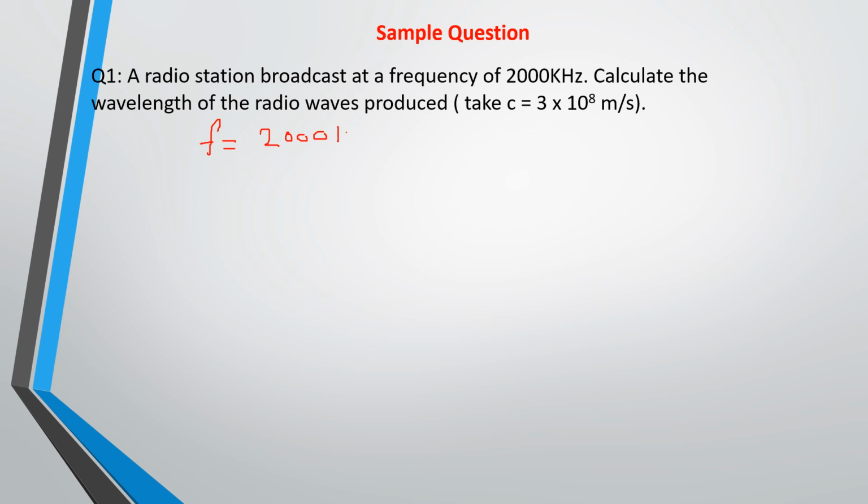Okay, so if this is 2000 kilohertz, before you solve, you have to convert it to hertz. If you want to convert this to hertz, you have to multiply it by 1000. So by the time you multiply this by 1000, you are going to have 2000 times 1000.